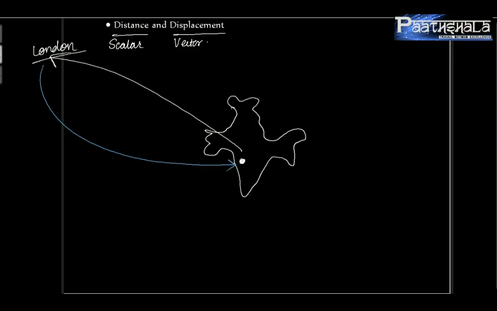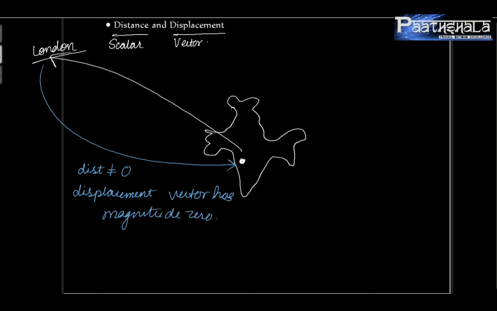Our distance traveled is 0 or not? Perfect. Our distance is non-zero, but our displacement vector is 0 or not? Yes, our displacement vector has magnitude 0. So basically, what is the difference between the two?